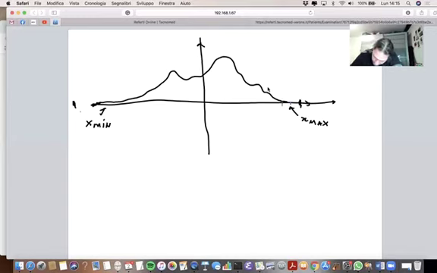I take this distance and I chop it into a set of little bins, and I assume that I take these bins so fine-grained, so close to each other, that the function can be considered almost constant within the bins. So for instance, here, the function is basically constant, here, here. I can take the function to be the value of the function at the beginning of the bin, for instance.